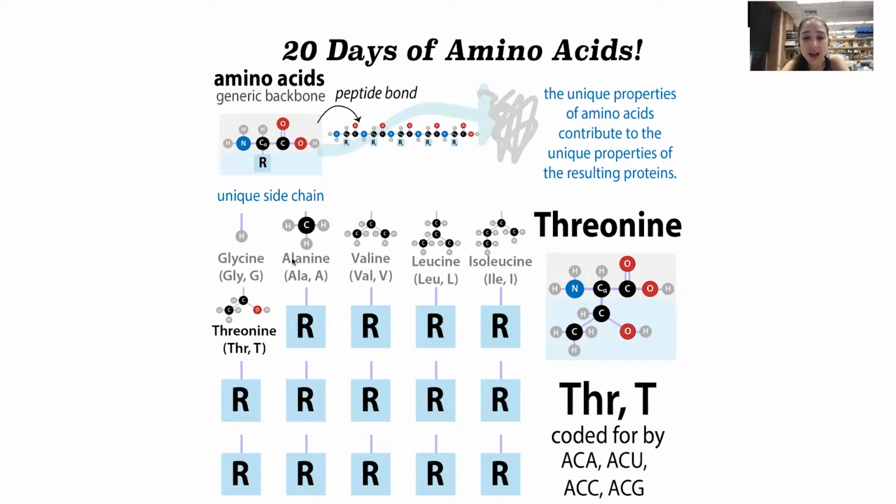So threonine might look kind of like the ones that we've been talking about, like valine, except the alkyl, that is the CH3 group of valine, is going to be swapped out for an OH group. And even though it looks kind of branched, we don't call it a branched chain amino acid, because it's not a branched chain hydrocarbon.